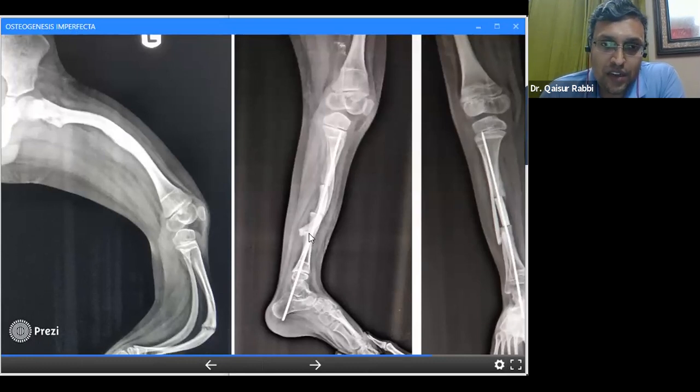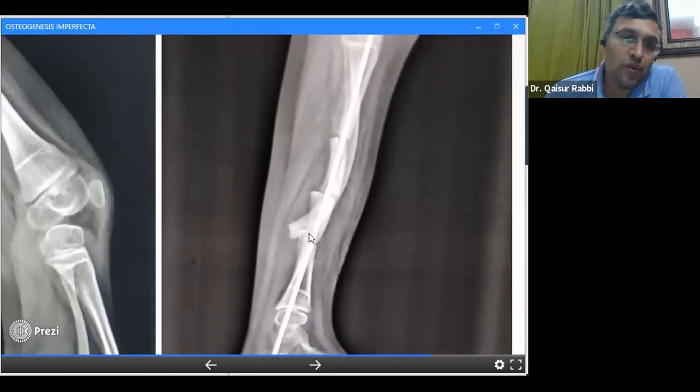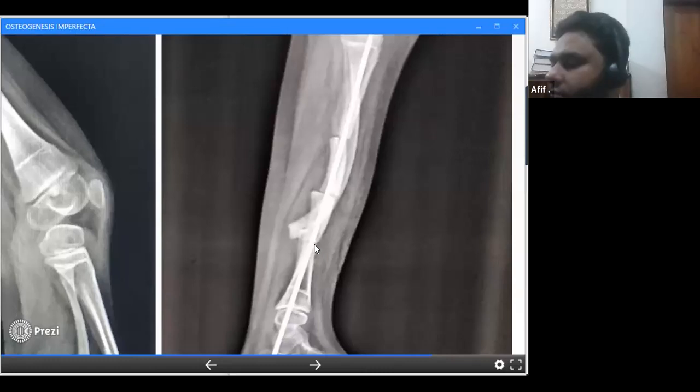In the mid segment, you'll see we have done two osteotomies, actually 1, 2, 3. From the proximal part, the first osteotomy is there, when we went through the ankle. So the first osteotomy was here and the below part. Then we rotated that bone.